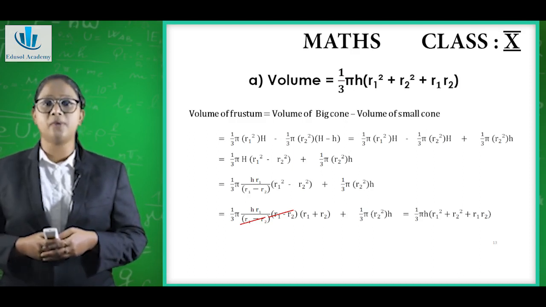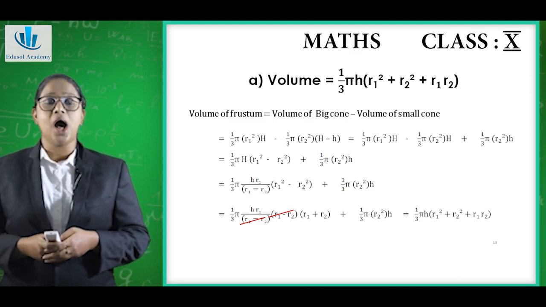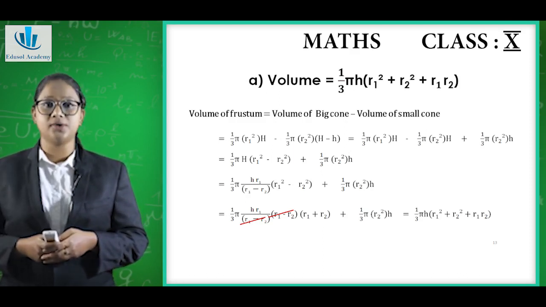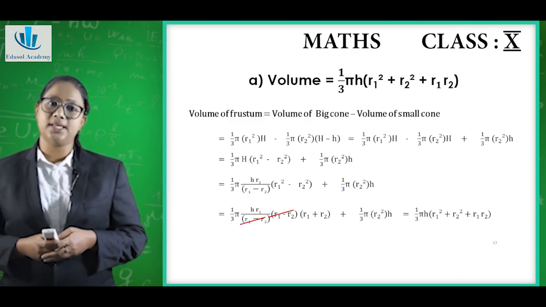Now, you may open the brackets and simplify. We will get 1 by 3 pi small letter h R1 by R1 minus R2 into R1 square minus R2 square plus 1 by 3 pi R2 square into small letter h.